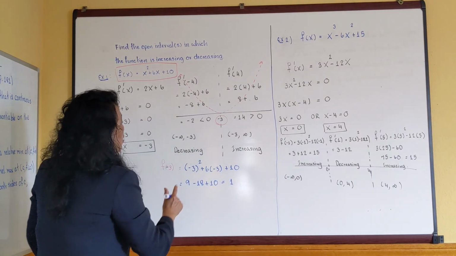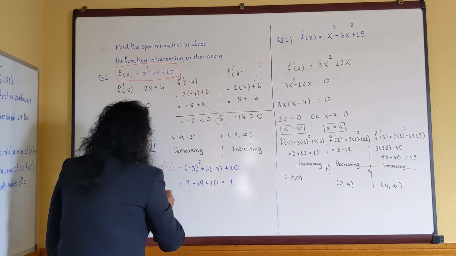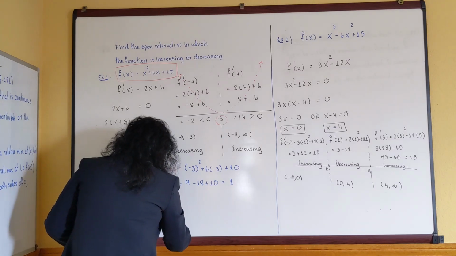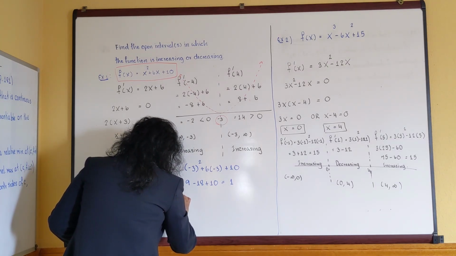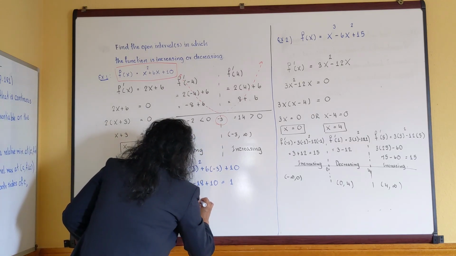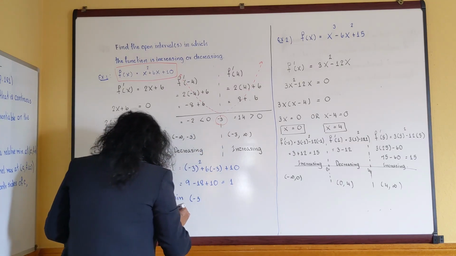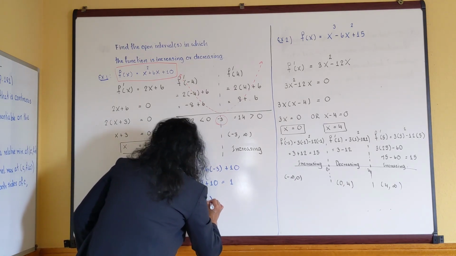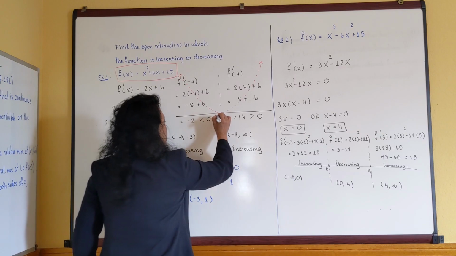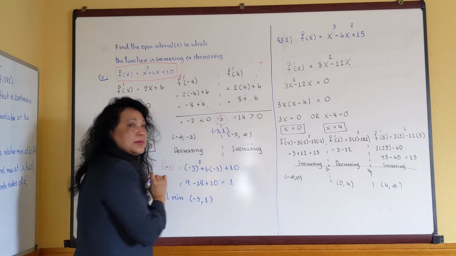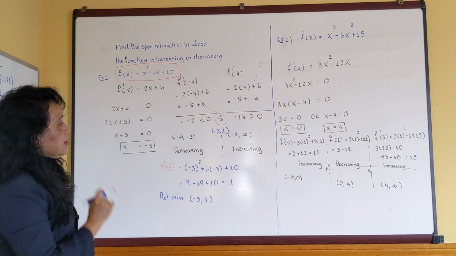So your minimum point, or relative min, would be negative 3, 1. So it's going to be this minimum point, (negative 3, 1). All right. Now let's look at the next example.